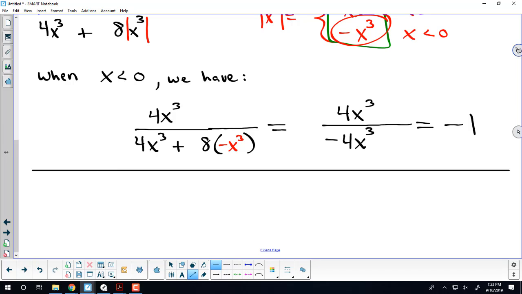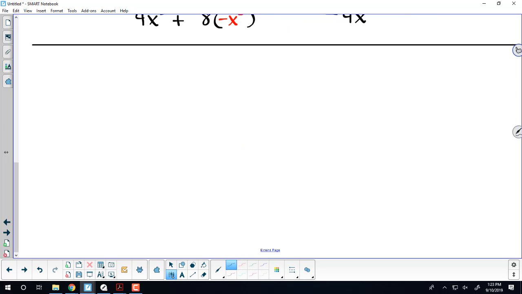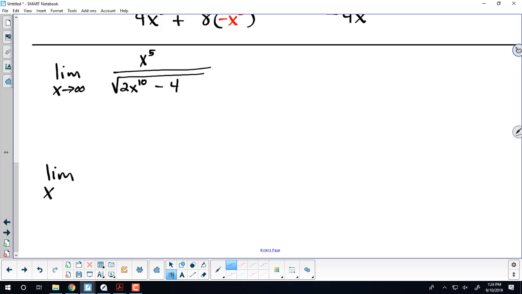But if I said, just another example, compute the limit as x approaches infinity of x to the 5th over the square root of 2x to the 10th minus 4, something like that, and the limit as x approaches negative infinity, same function.